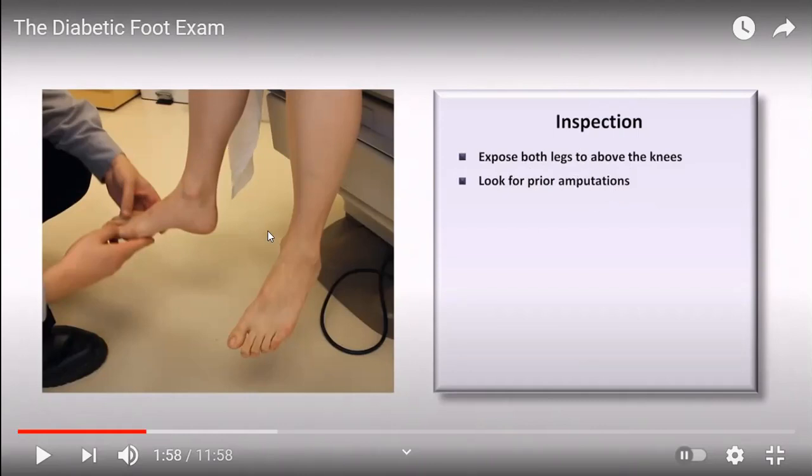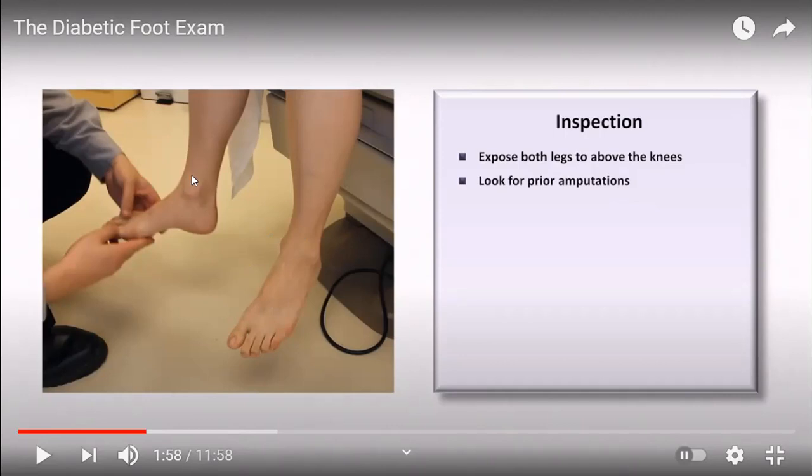If the patient's diabetes is so bad, with so many complications like gangrene formation and necrosis formation, and the patient needs an amputation, at least we can check by inspection, right?